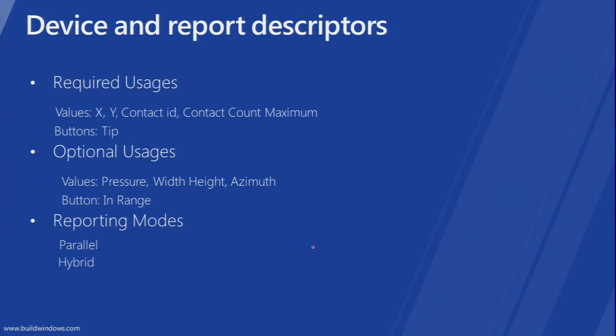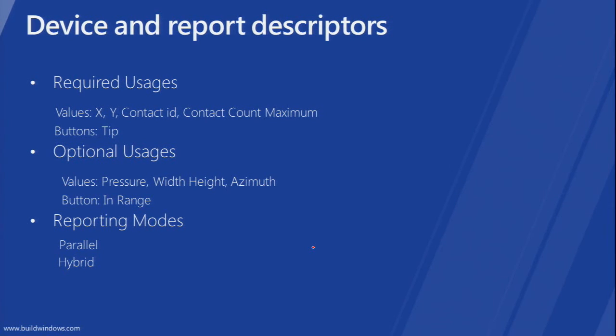We also have the in-range usage, for devices that are able to detect contacts hovering over the surface of the digitizer. Even though that's not common, some devices are able to do that, so we support that usage, and devices that support it can take advantage of it.